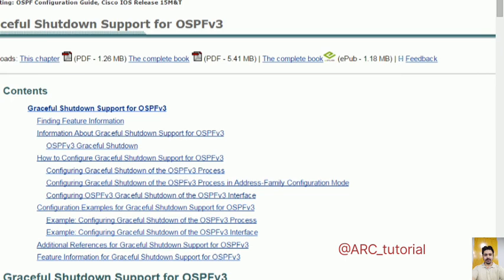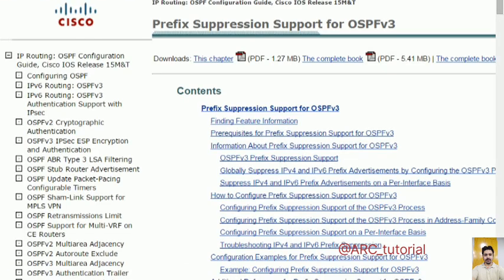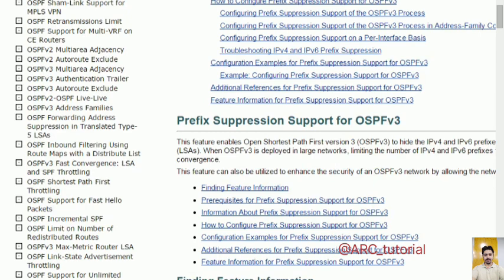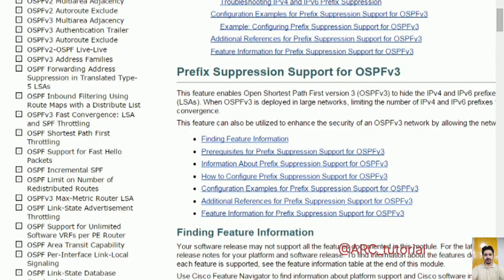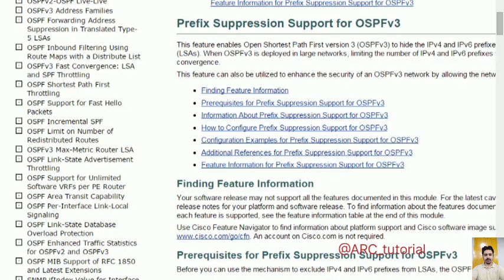Prefix suppression. Sometimes I want to keep my neighborship, but I don't want to advertise my own prefixes to any neighbor. In that case, you can use this OSPF feature known as prefix suppression.